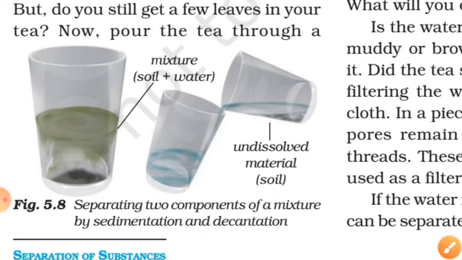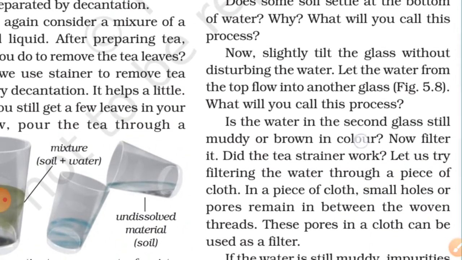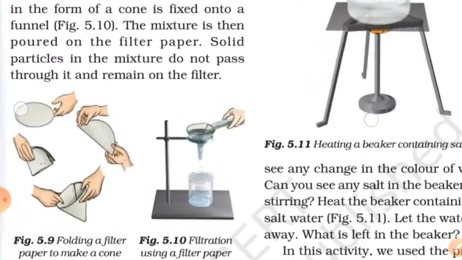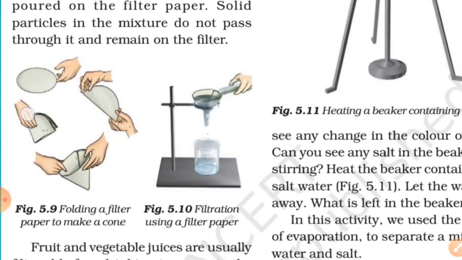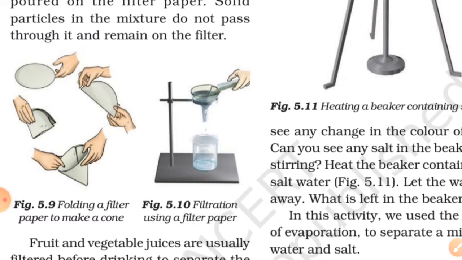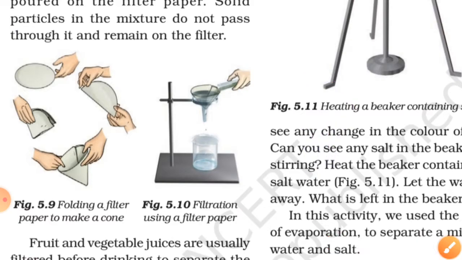Okay, so now we will learn about the method of filtration. In filtration, we use a filter paper. In this figure, you can see we make a filter paper like this, and we pour the mixture in which soil and water are both mixed.